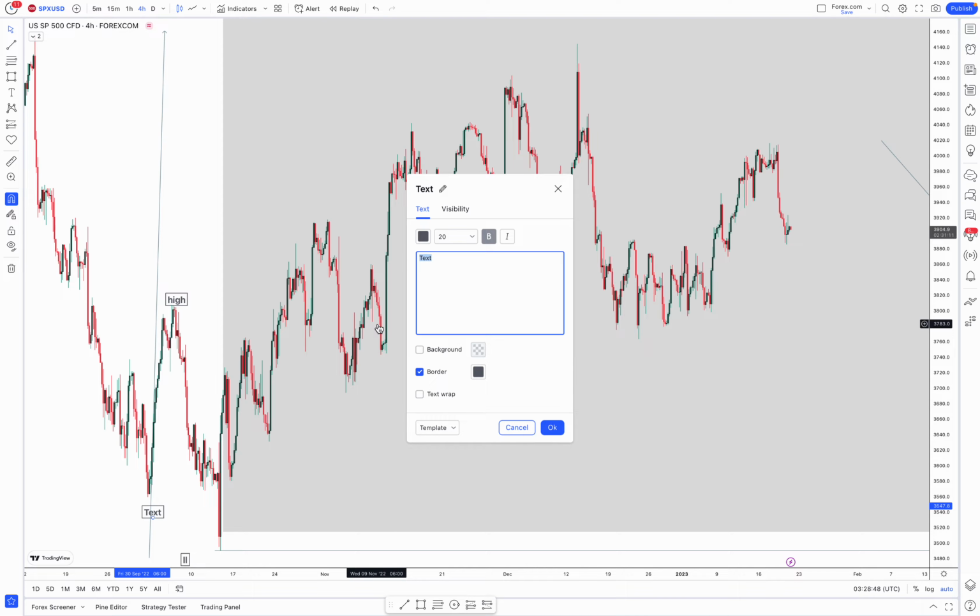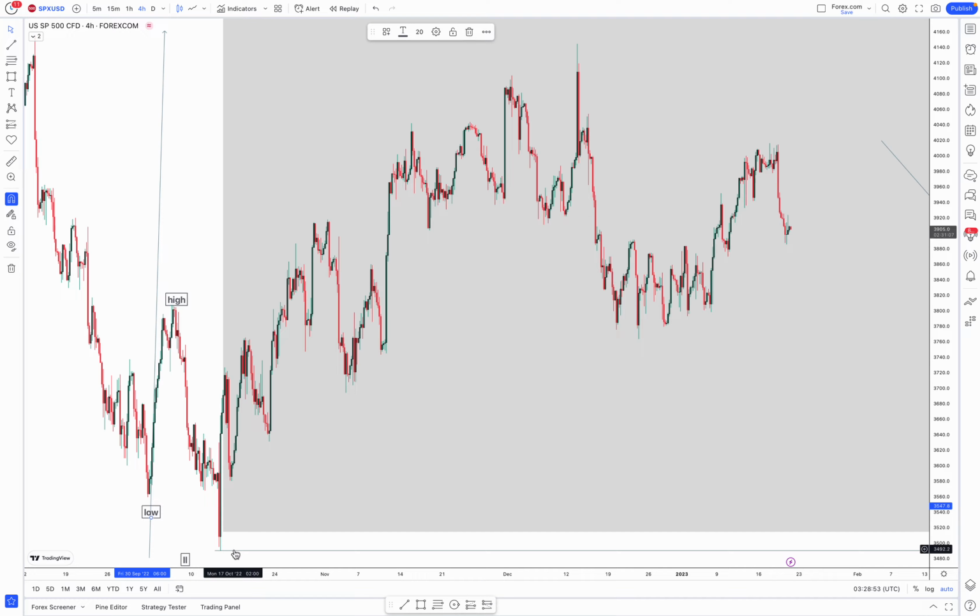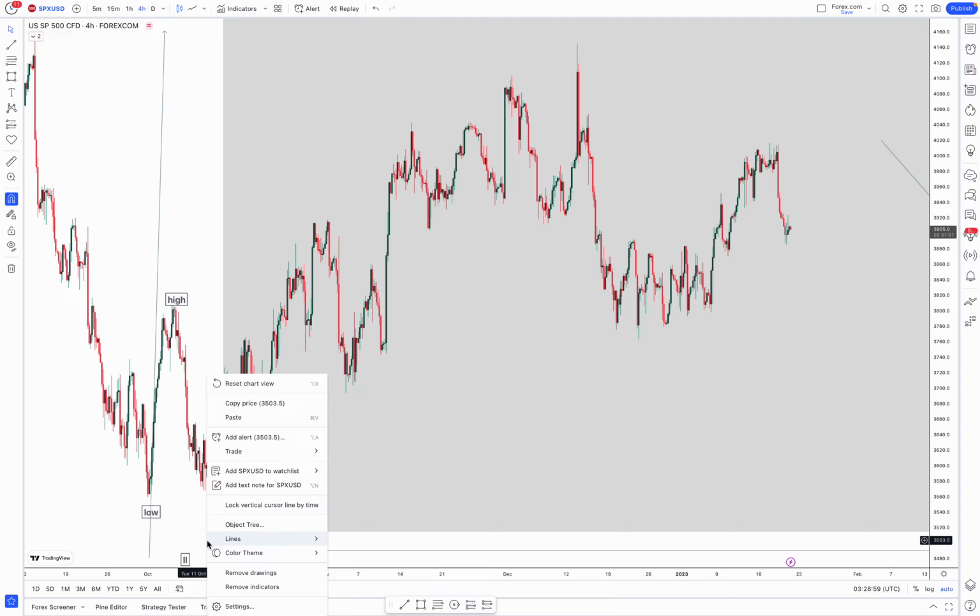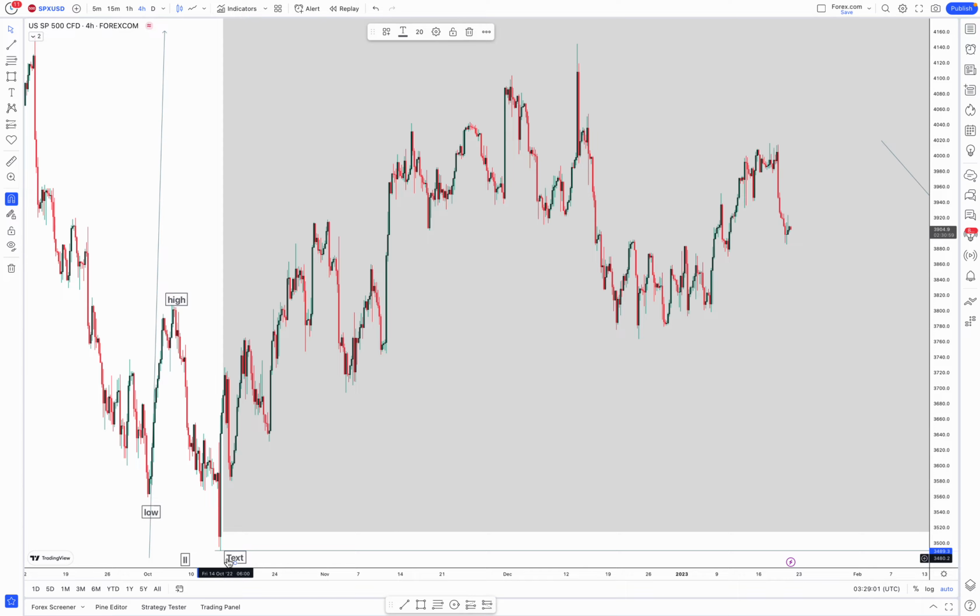So the low, what happened? The market created another lower low. See? So the market agrees with each other now. The daily lower low we had is also a 4-hour lower low.